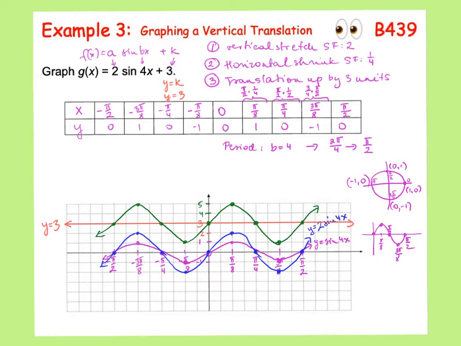And let us label this equation as g of x equals 2 times sine 4x plus 3. So this is our final graph. And when we describe all our information about the graph, we are going to describe it on this final graph.